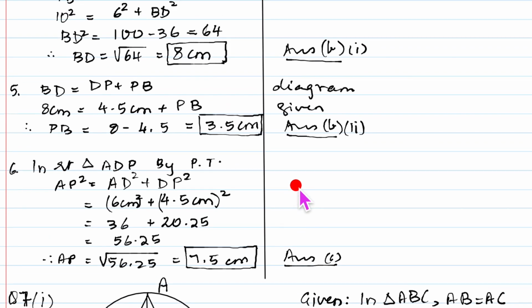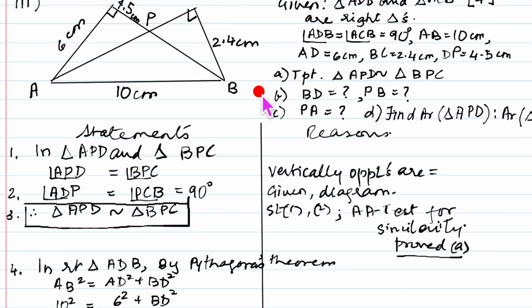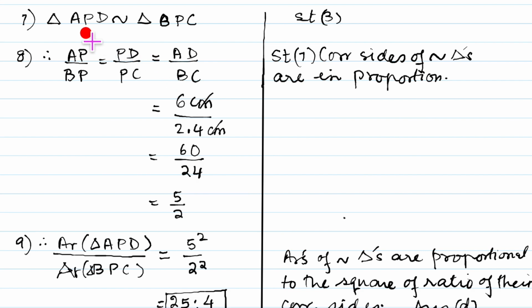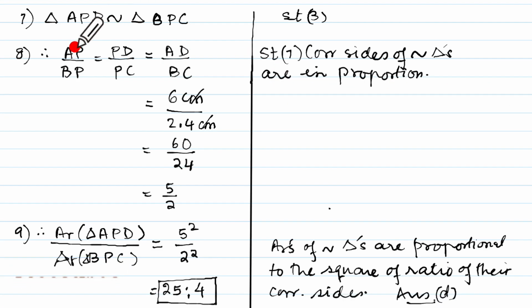Now let us come to the last part where you have to compare the ratios, the ratio of the areas of the two similar triangles. Now we know that the two triangles are similar, that is statement number 3. So we just copy that once again, triangle APD similar to triangle BPC, and we will now take the corresponding sides with their ratios.